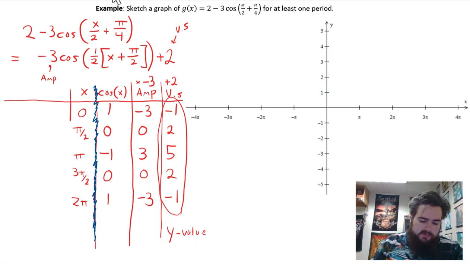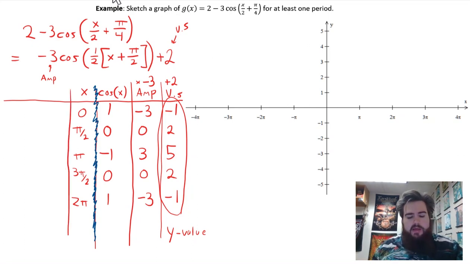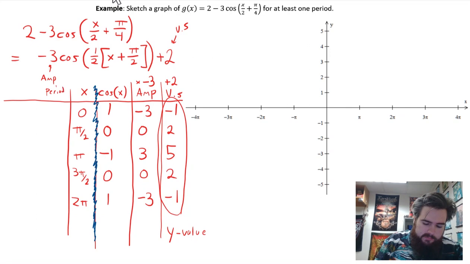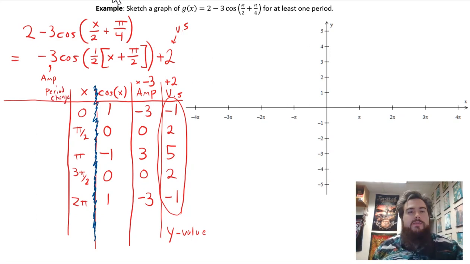So, over to the x values. The first thing we're going to do for the x values is the effects of the period change. The period change is the value that we have factored out of the inside of that function, which is the 1/2. However, unlike the amplitude, I'm not just going to multiply by that, I'm actually going to divide by 1/2.